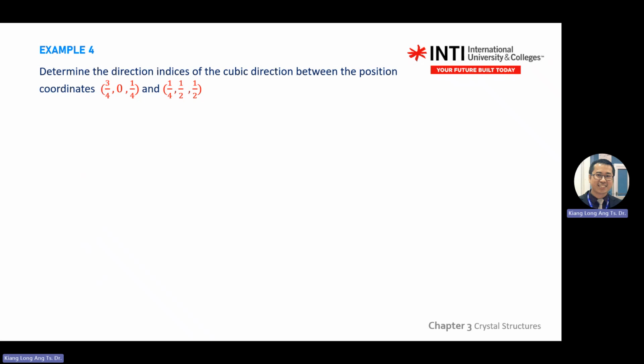XY is 2D. This one is 3D. In mathematics, for XY you have one system, but for XYZ you have a vector system.